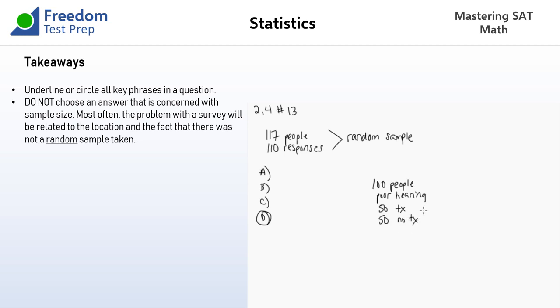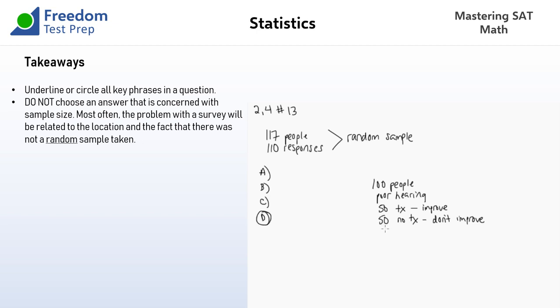And then the question is, what is an appropriate conclusion to draw from this if the people who got the treatment improve their hearing and the people who don't get the treatment don't improve? Okay, so here's the setup. Can you say that the treatment improves the hearing better than all other treatments? Certainly not, because it doesn't talk about any other treatments, right?